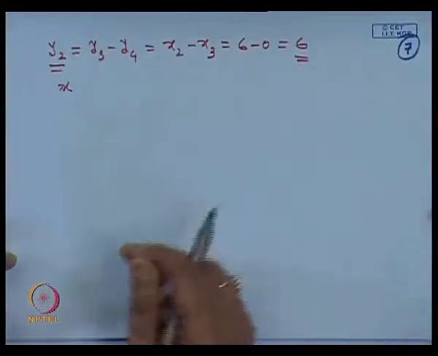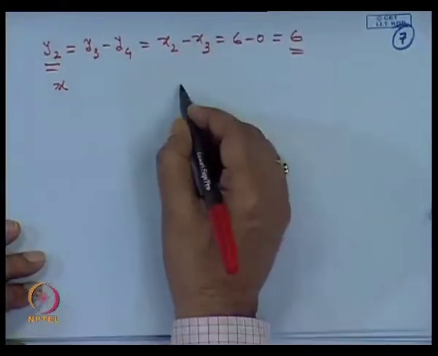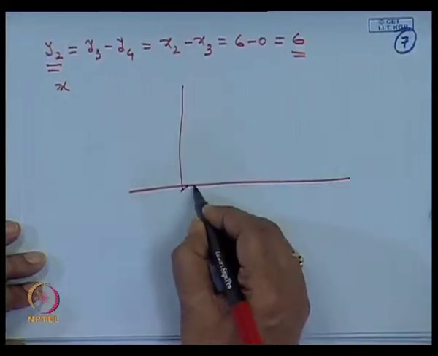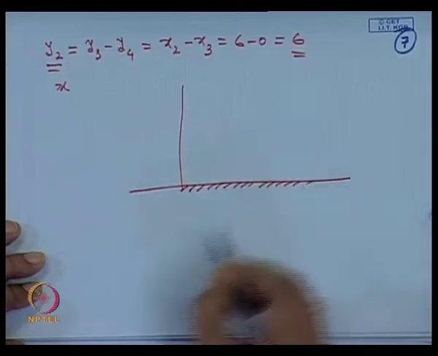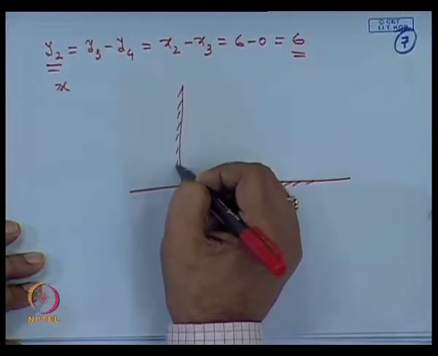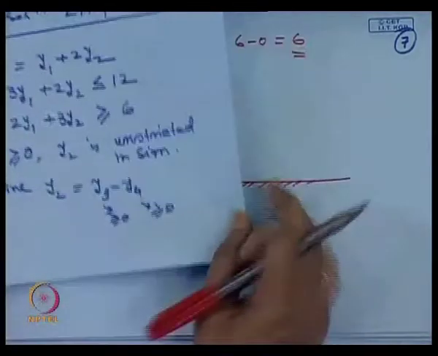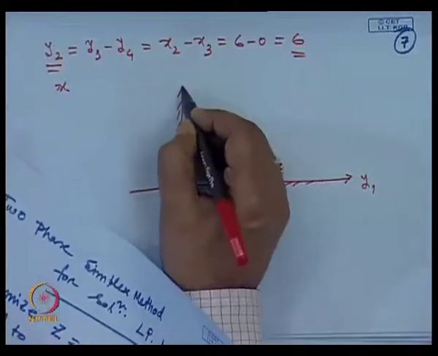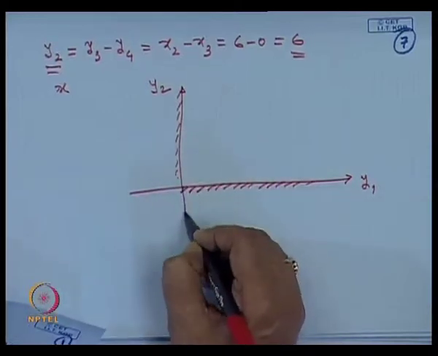So, graphically, if you see this figure in the original problem, you will see that our y 1 is greater than or equal to 0 in these directions, and y 2 is in these directions, and y 2 can be positive and negative.